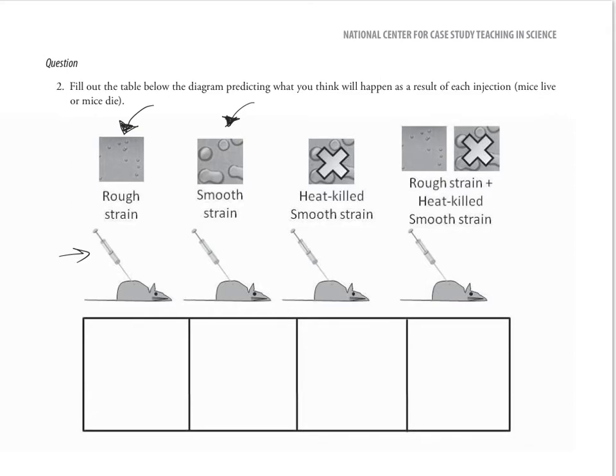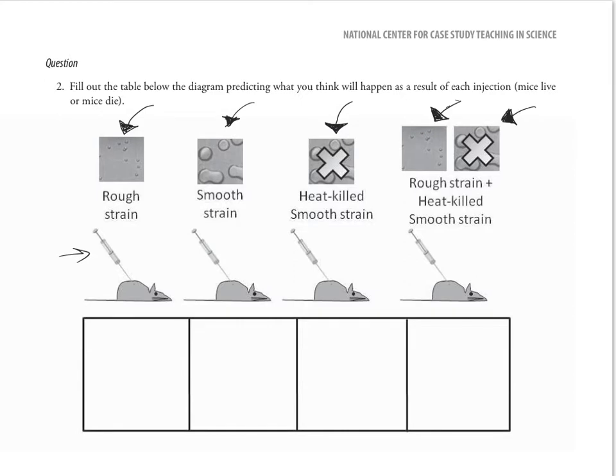The heat-killed smooth strain. So heat-killed meaning what? You boiled it, right? Or you heated it up to the point where the bacteria is dead. Would the dead bacteria, injected into the mouse, do anything? And what would happen if you took the heat-killed bacteria, so you killed the bacteria that's smooth, and then you also mixed it with live rough strain?